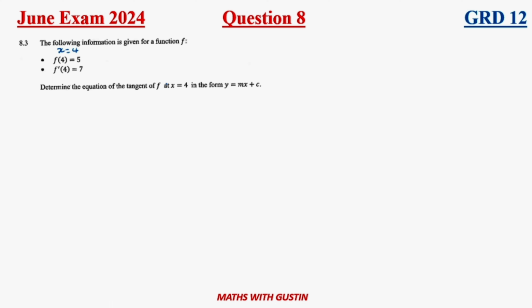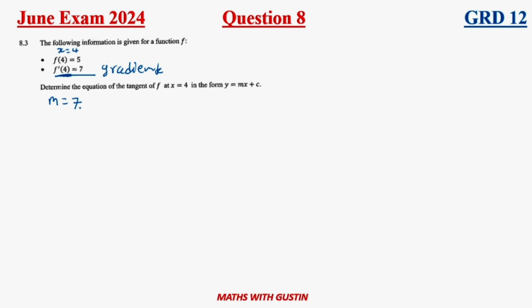Determine the equation of the tangent of f if x is equal to 4. Remember, when you take the first derivative of a function, it gives you the gradient. So what they have done here is given us the gradient. The gradient in this case is equal to 7.